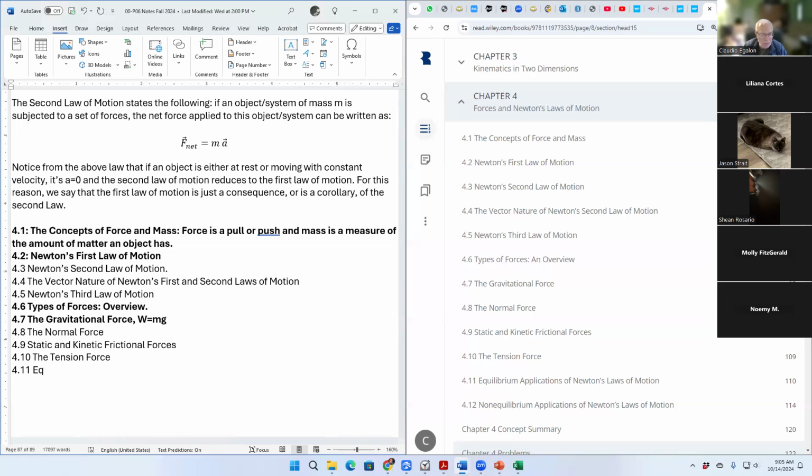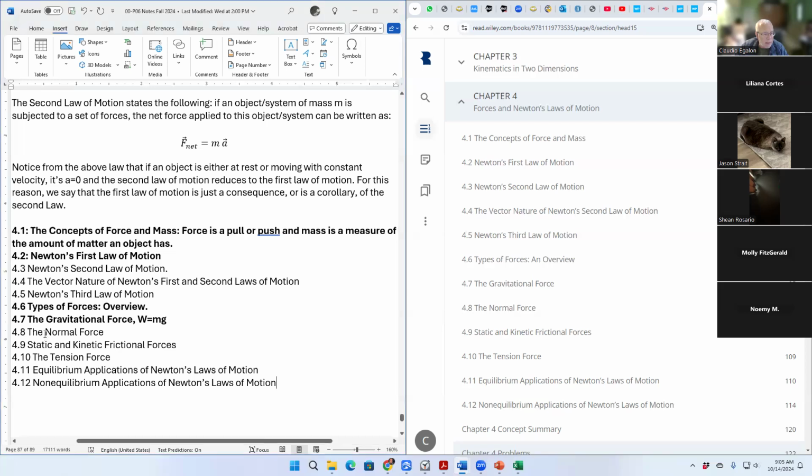Equilibrium applications of Newton's laws of motion. We did that too because we came up with several different examples in which the object was under equilibrium. Under equilibrium means the net force is equal to zero. Okay? Now, the non-equilibrium applications of Newton's laws of motion, that we didn't cover yet because that involves the second law of motion.